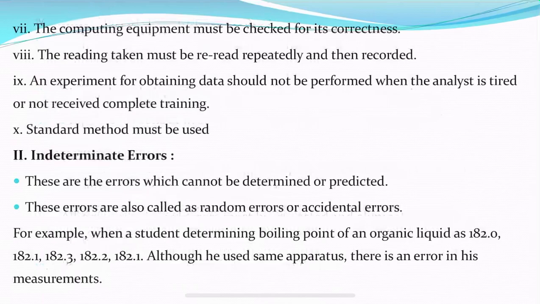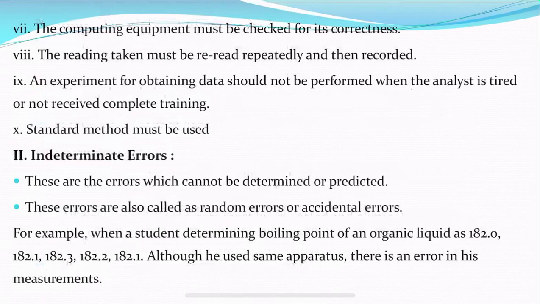These are the errors which cannot be determined or predicted. They are also called random errors or accidental errors. For example, a student determining the boiling point of an organic liquid gets 182.0, 182.1, 182.3, 182.2, 182.1.